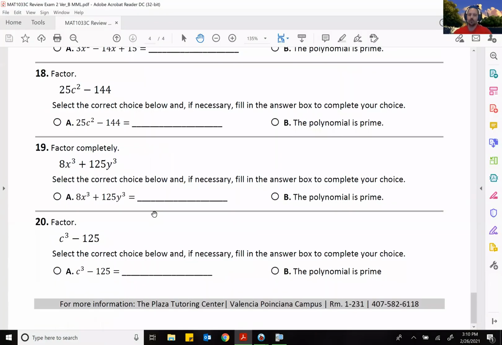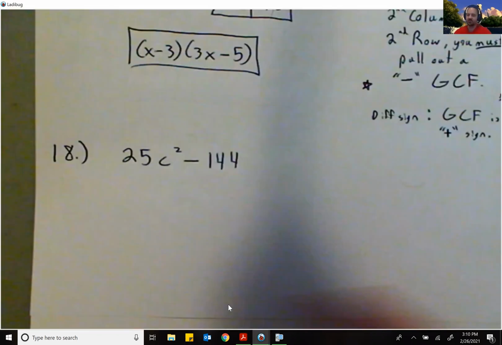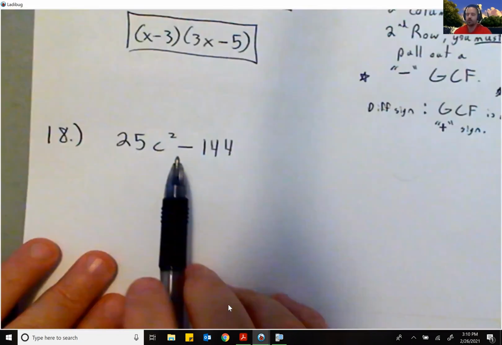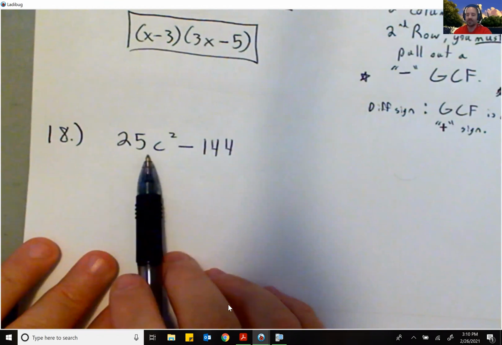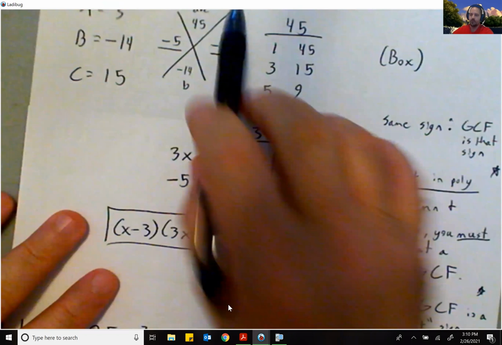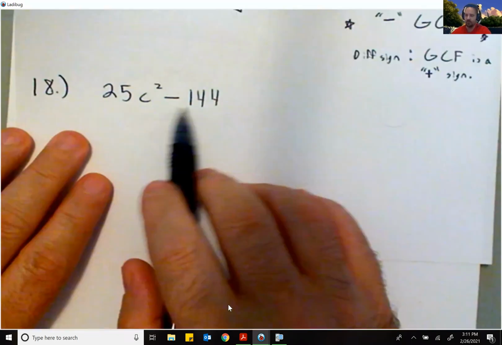All right, so 18, you are factoring a difference of squares. So when factoring the difference of squares, you can treat this just like a trinomial, because the only thing that's happening in here is you're missing the middle.